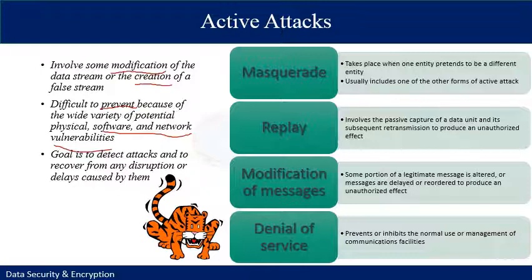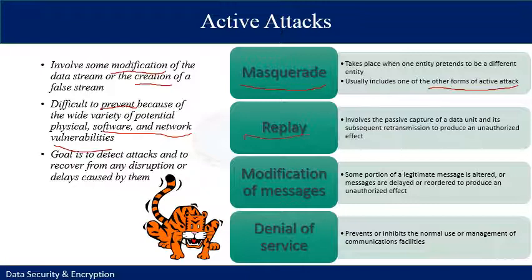So masquerading means that you use someone else's identity in any communication medium. If you are using someone else's identity, you will definitely be using it to communicate or transfer some messages. So it will include some kind of other active attacks, which we will discuss shortly.